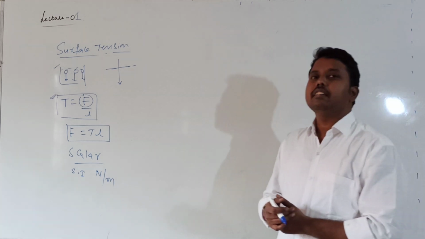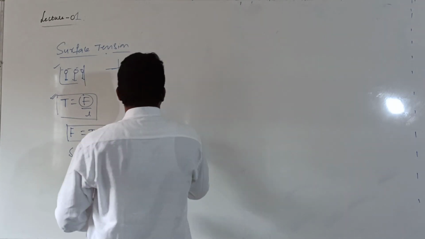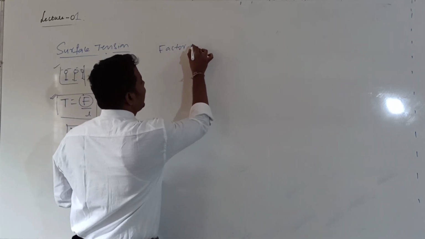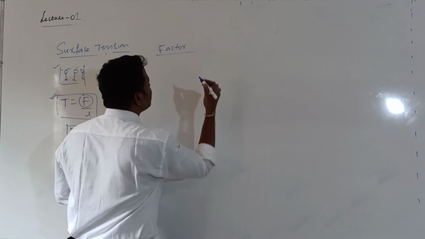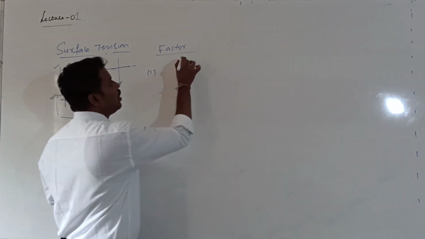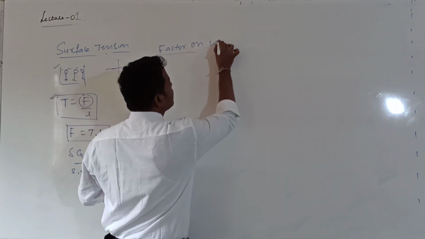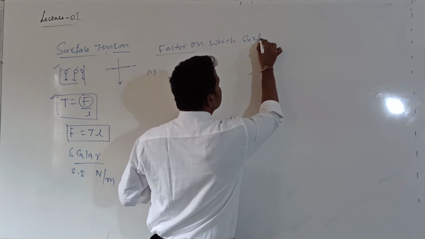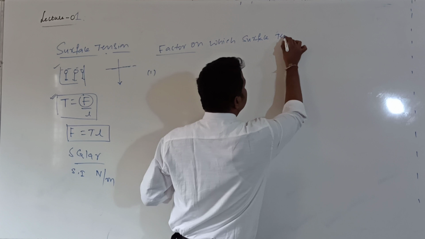That force is called surface tension. So what are the factors on which the surface tension of a liquid depends?